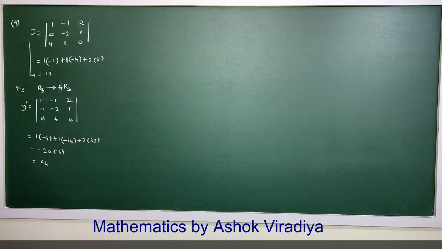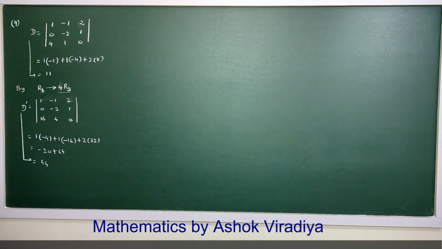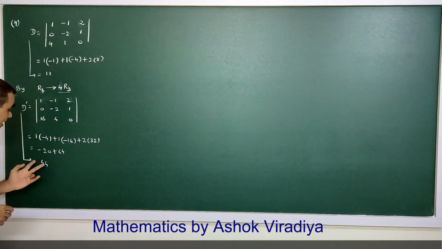Now see what happened here. D dash is 44. It is 4 times 11. So the value becomes 4 times because this row was multiplied by 4. If it was multiplied by 5, then it will be 5 times 11, that is 55.